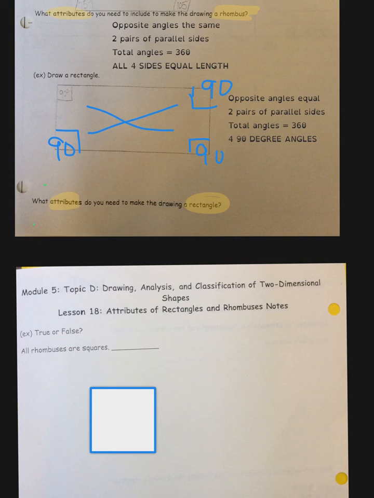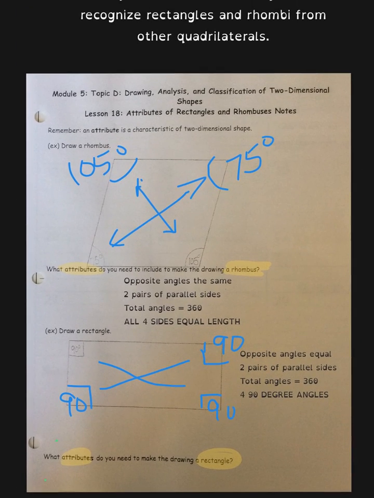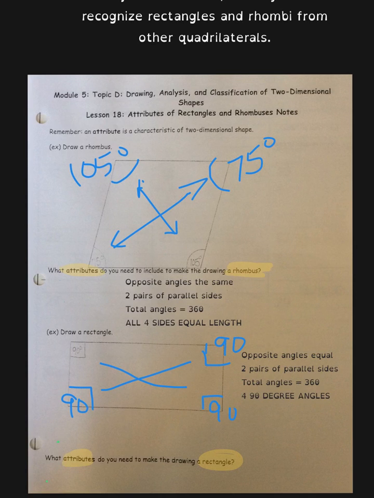However, this says all rhombuses are squares. Can I draw a rhombus that doesn't look like this square? Well, yes, I can, because this rhombus right here, on this side of your notes, is this a square? No, because it doesn't have 90 degrees.